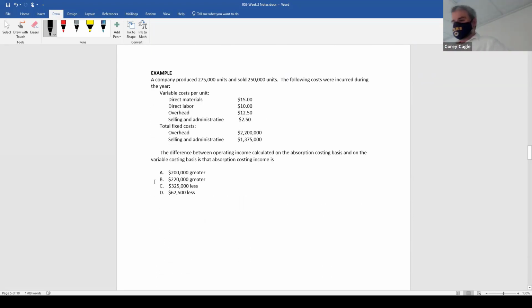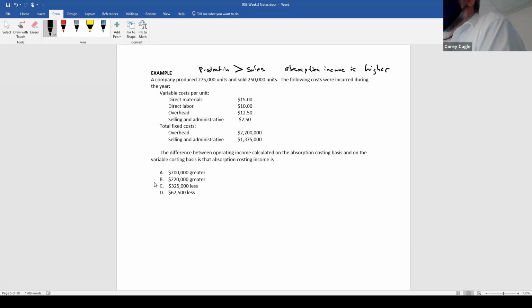Company produced 275,000 units and sold 250,000. Production greater than sales. Absorption is higher. 275,000 produced, 250,000 sold.